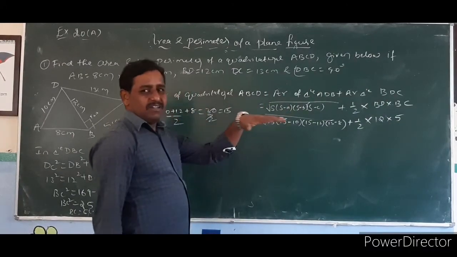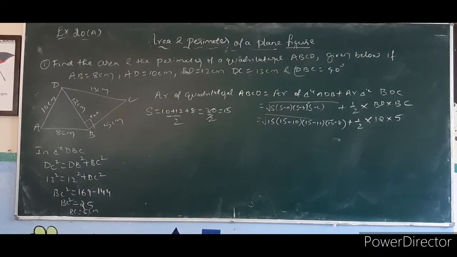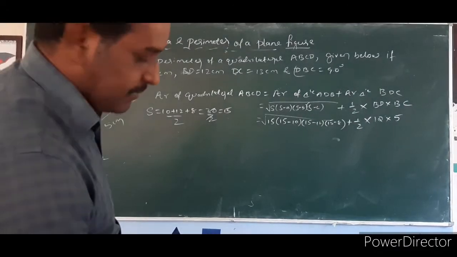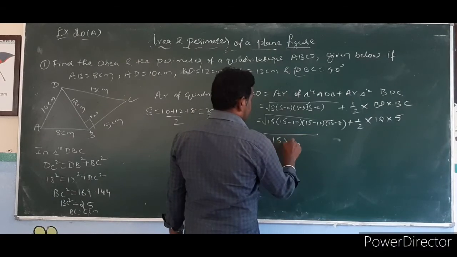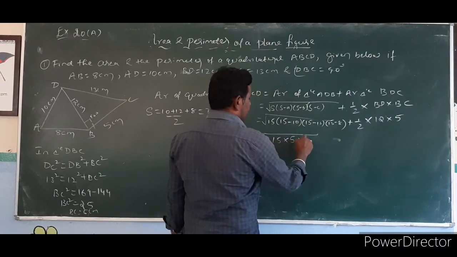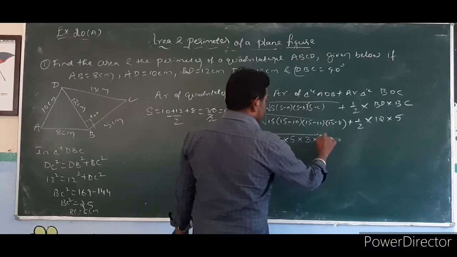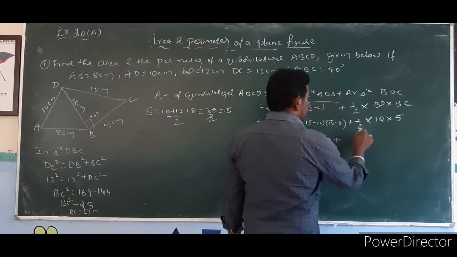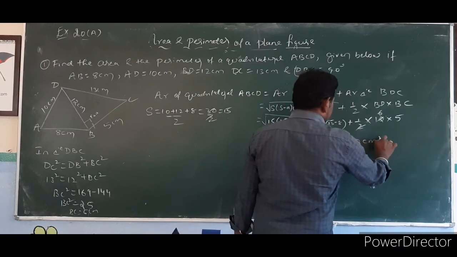So I'm doing it together so you can understand better. 15 minus 10 means 5, 15 minus 12 means 3, 15 minus 8 means 7, 2 6s are 30 centimeter square.